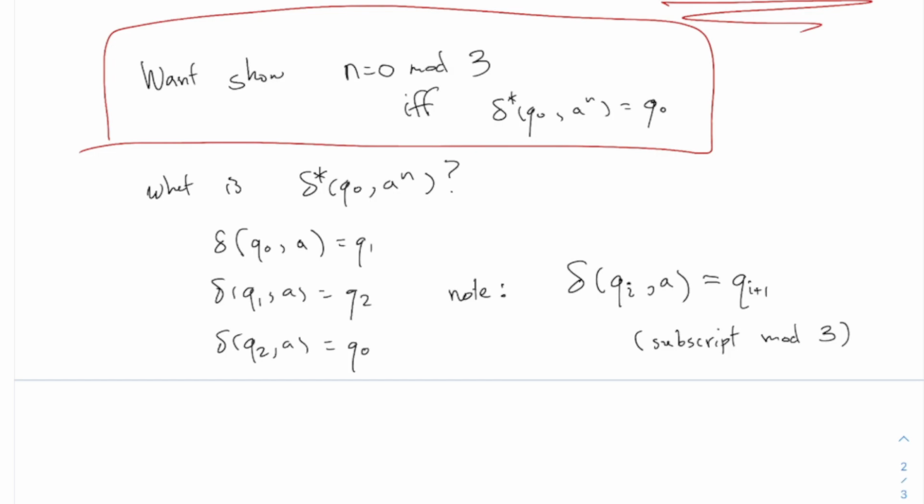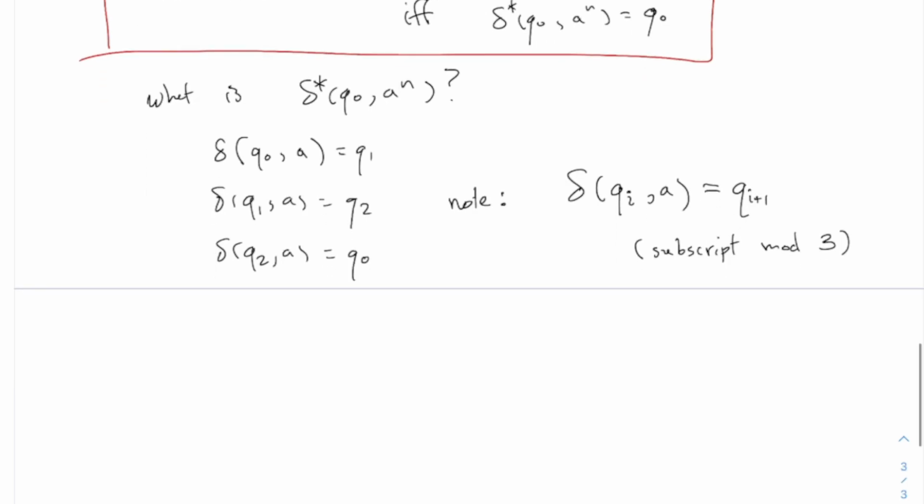Okay, great. Can we say something even more general? What about delta star of Qi and a squared? I want to say something similar to that formula up there. If I start in a particular location and then I do a squared, what is that going to be? Q, I'm going to fill in something down here.